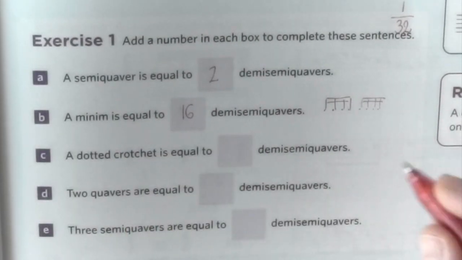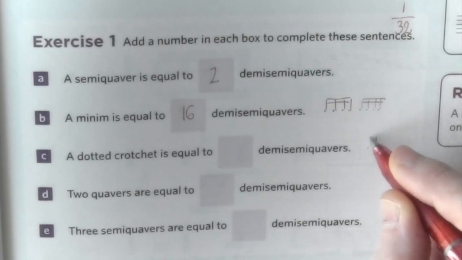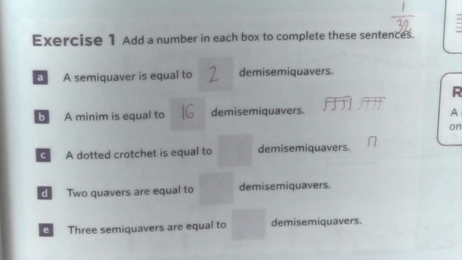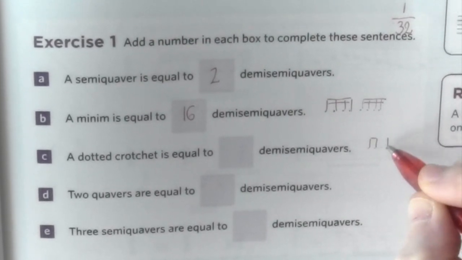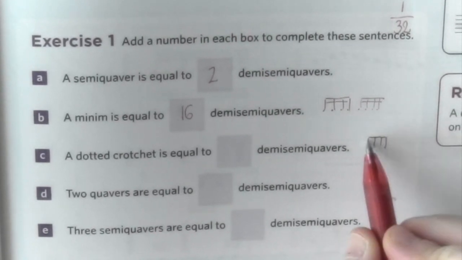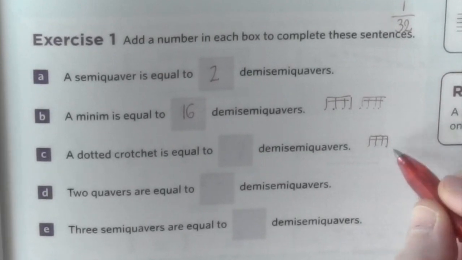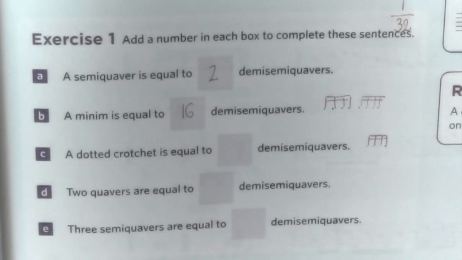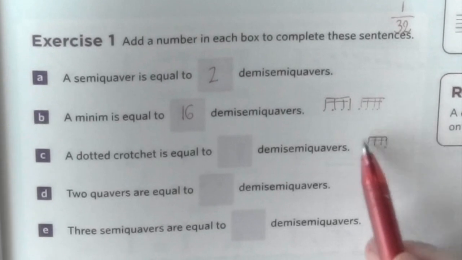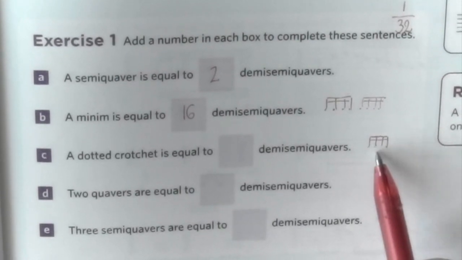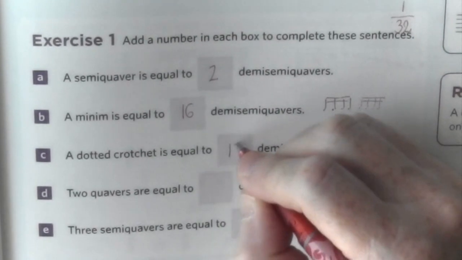A crotchet equals 2 quavers. 2 quavers equals 4 semiquavers. 4 semiquavers equals 8 demi-semiquavers. And then we need to add another quaver, which is this. So it makes it 12.